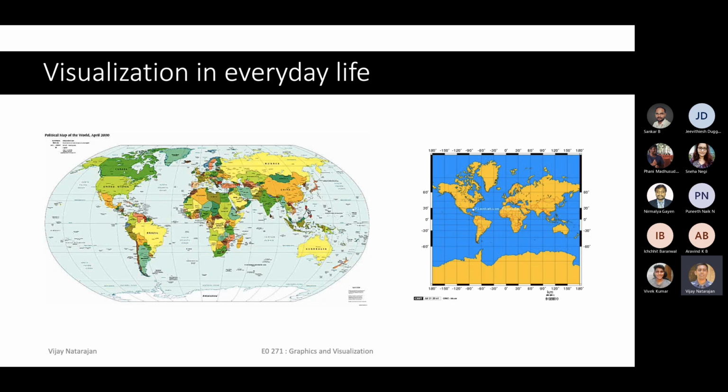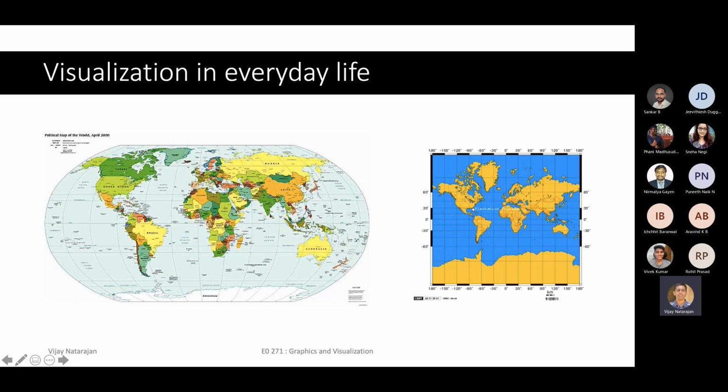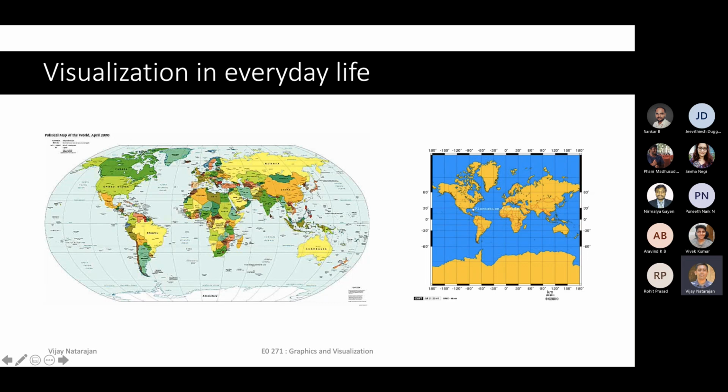So you may recall this slide where I talked about visualization in our day-to-day life. For example, if you are reading the news regularly, maps play an important role in bringing news from across the globe to you.